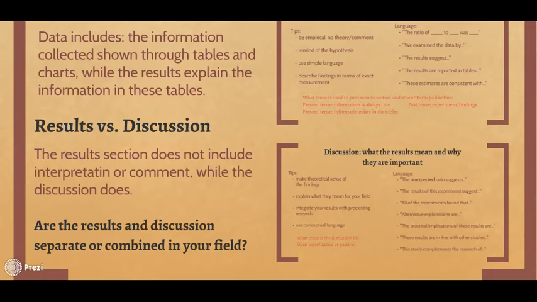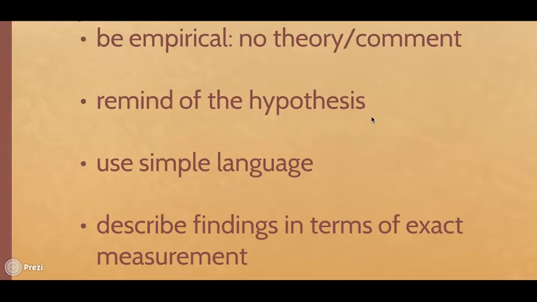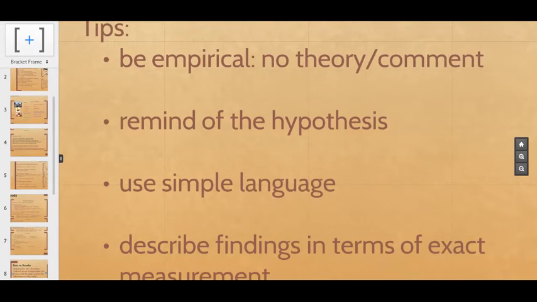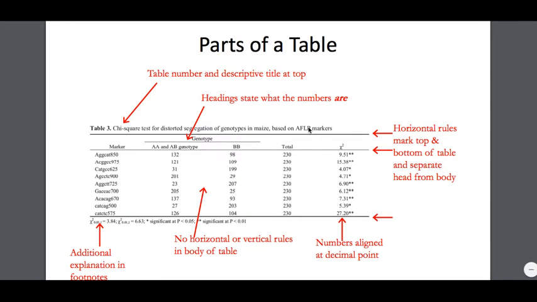All right. So that language needs to be very specific. In the results section, you need to be empirical. No theory or comment. No personal opinion. You're just stating the facts, because your reader doesn't know how to read data the way that you do, right?